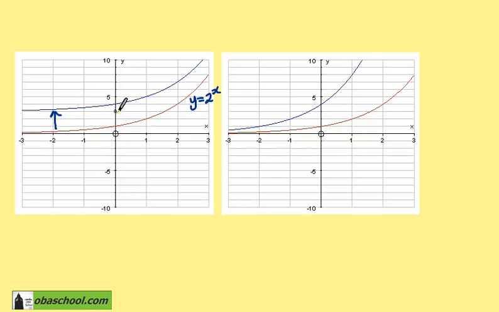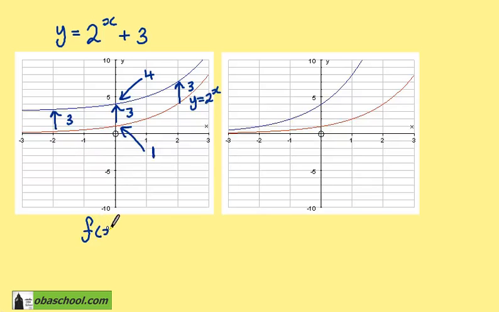The blue curve is 3 units above it at every single point. We can see it goes through the y-axis at 4, whereas we know the standard curve goes through at 1. The curve here is 2 to the x plus 3.